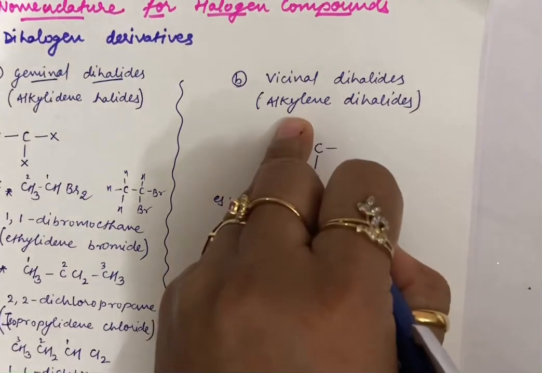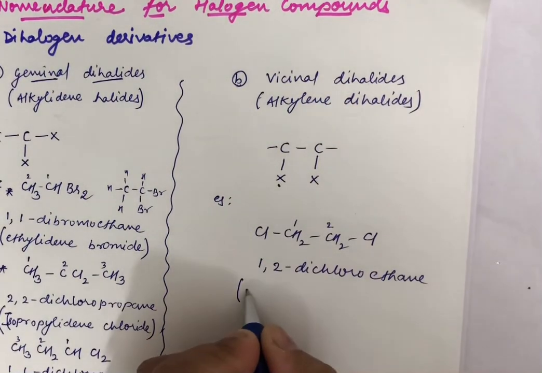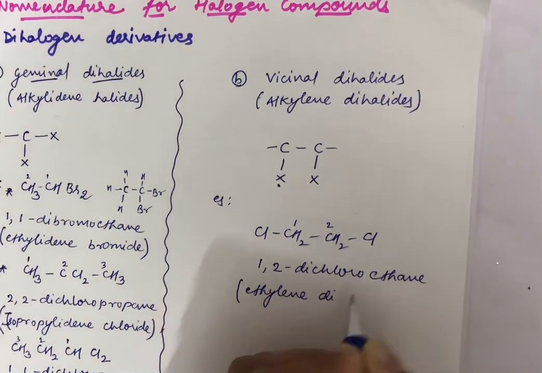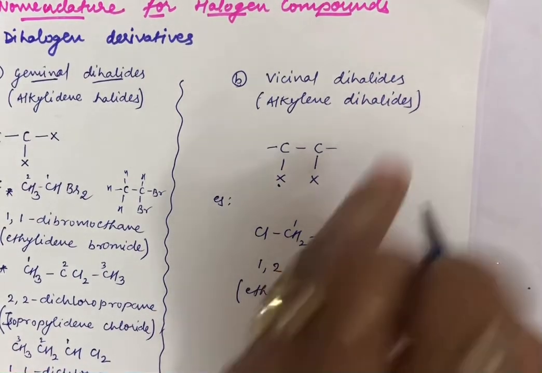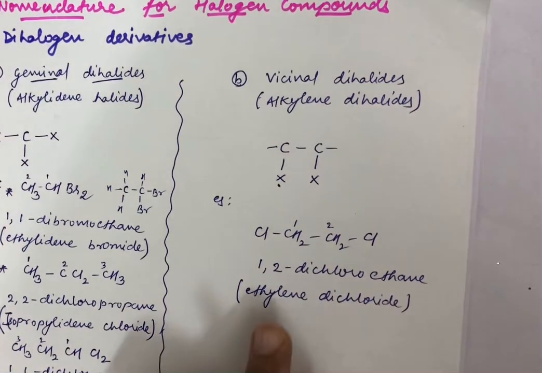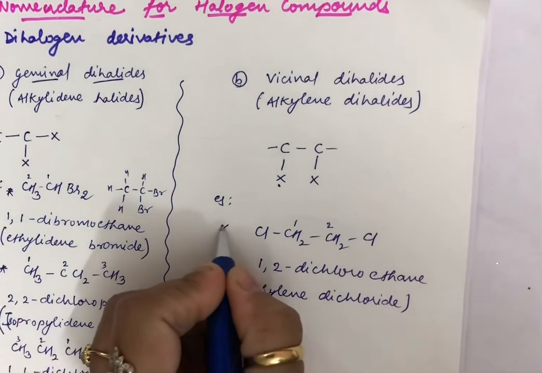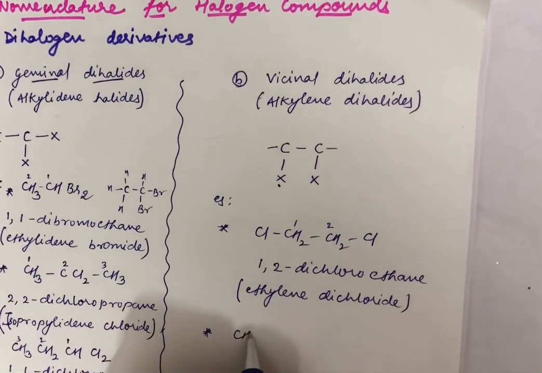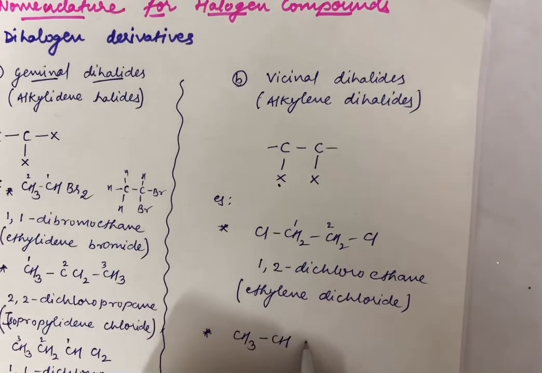Okay. Now how do you name in a common manner? You can see here I have written alkylene dihalide. So you are going to name this as ethylene, then you are having Cl, so it is dihalide, it is chloride. Okay, ethylene dichloride. So this was one of the examples. Let me support you with another example too. Suppose if I am writing CH3, CH, Cl, then CH2 and Cl.